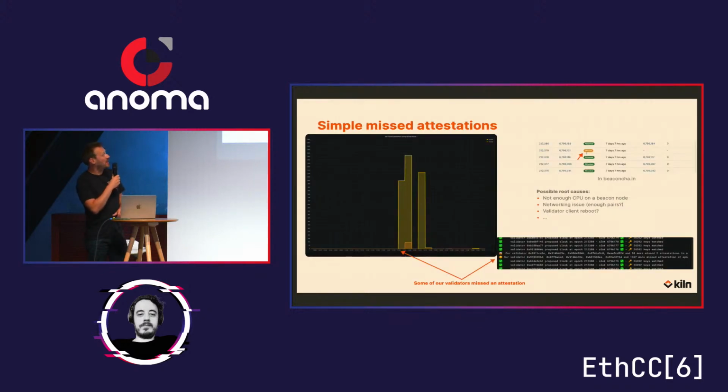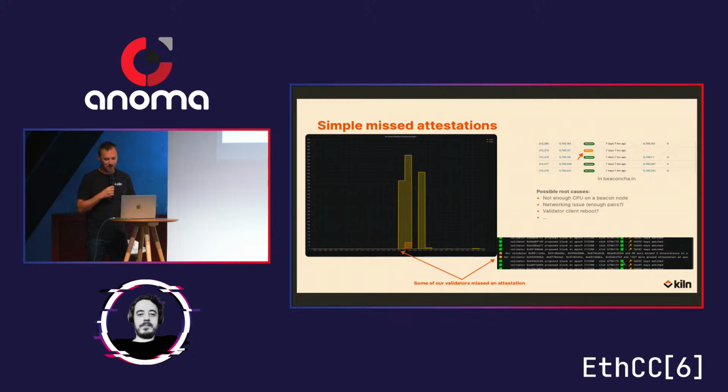The second thing is when you miss one attestation. It could be normal sometimes to miss an attestation, and so it corresponds to this missed attestation in the beacon chain. And so the tool monitors missed attestations. It's a yellow curve. Here it's this smiley with a sad face. It indicates some of our validators missed, actually a lot, missed an attestation in this case.